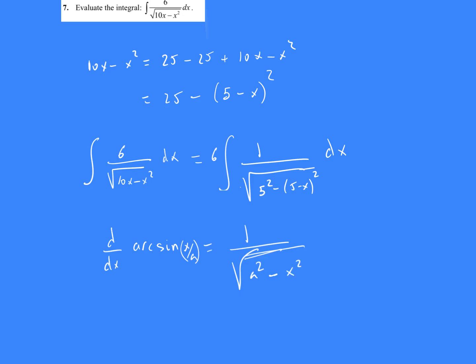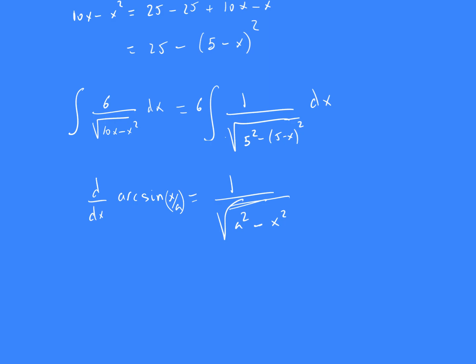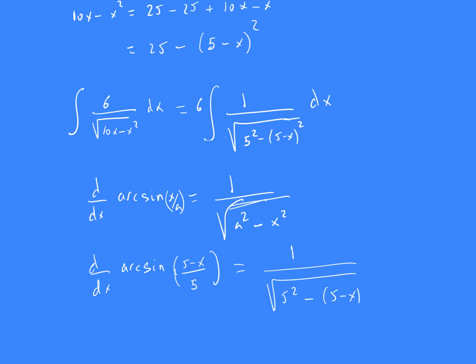So the derivative with respect to x of arc sine of 5 minus x divided by 5 will be 1 divided by the square root of 5 squared minus 5 minus x squared.